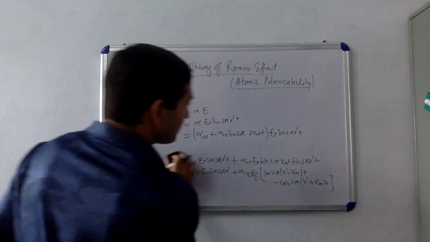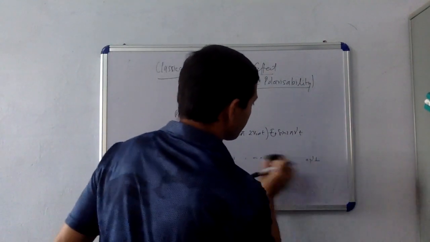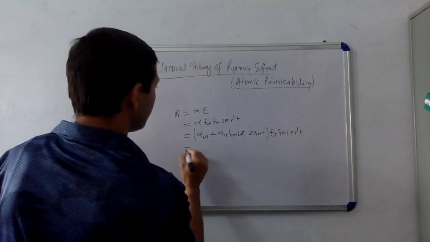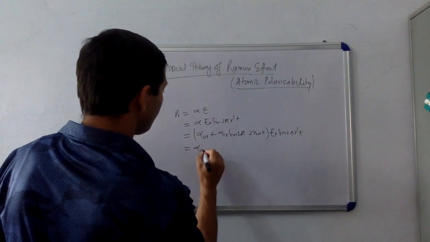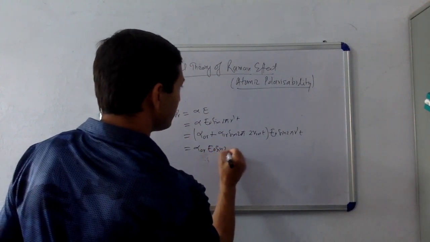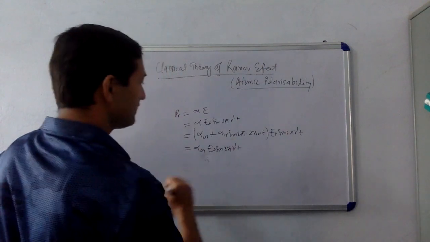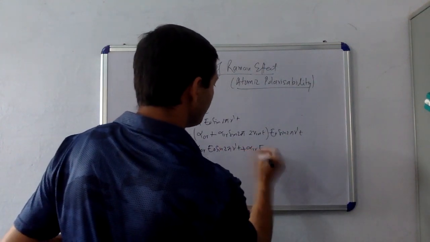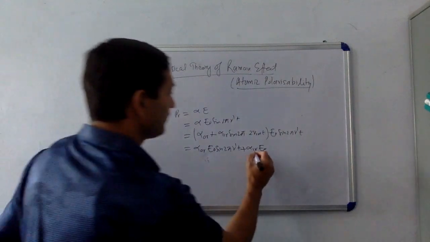And similarly, in the same fashion, you can use that relation. Then you have alpha naught r of rotation, E naught sine 2 pi nu prime t, plus alpha 1 r of nu naught divided by 2.